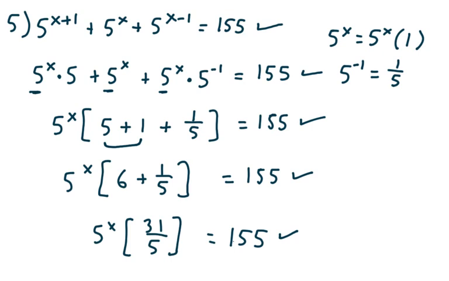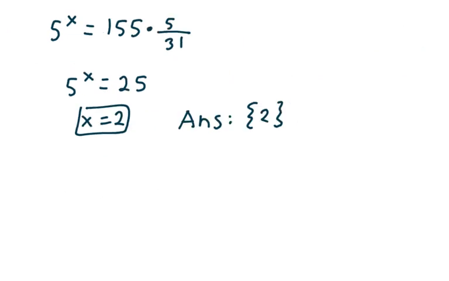Okay. And then from here, I'm going to multiply both sides by 5 over 31. So on the left-hand side, I'm going to multiply by 5 over 31. And on the right-hand side, I'm going to multiply by 5 over 31. Okay? And then what happens is I get 5 to the x is equal to 155 times 5 over 31.